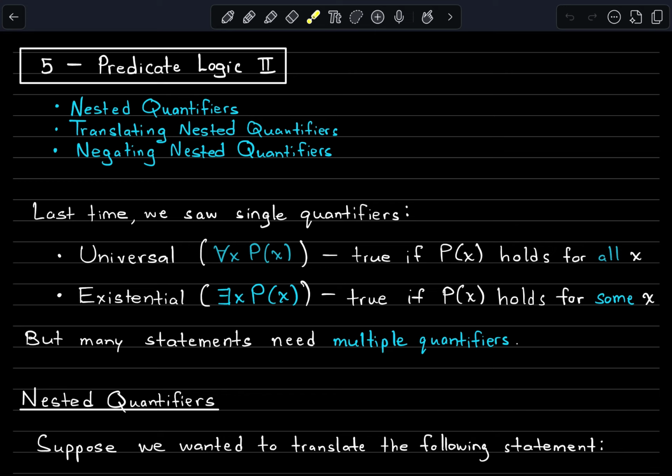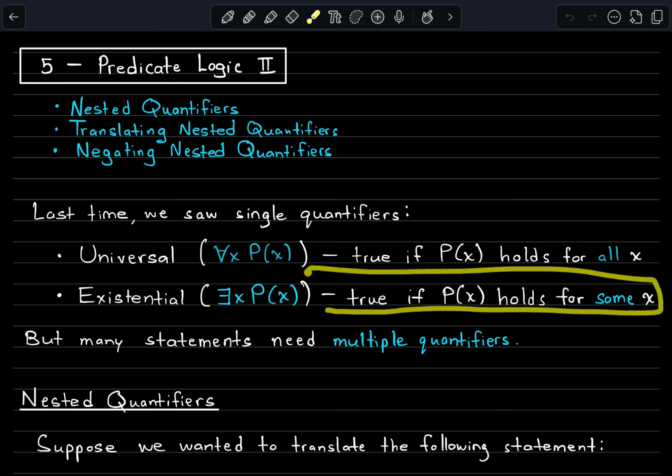So this is our general statement. The existential quantifier is just guaranteeing that there's at least one x out there for which p of x is true. So for at least one x, p of x is true. True if p of x holds for some x.